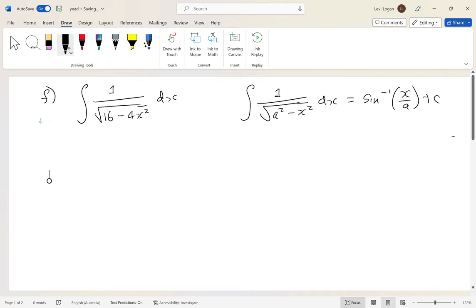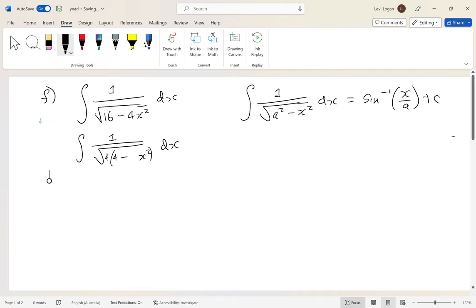So we're going to take our integral down here: 1 over the square root of 16 minus 4x squared dx. The way we get rid of it is we're going to factorize in here. We're going to take a 4 out, so we're going to change how it looks. So I'm going to take a 4 out here. That's going to leave us a 4 here, and that's going to leave us with pretty much that.